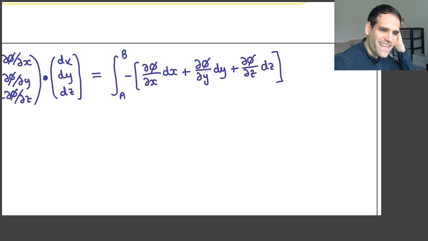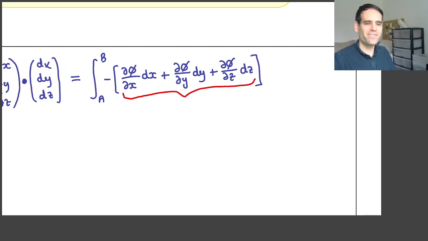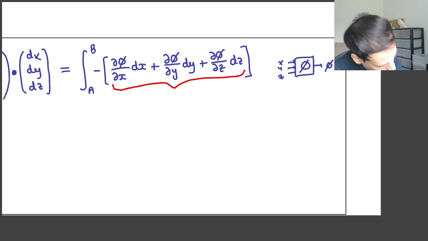And now this is the amazing part of this proof. Does this expression remind you of anything? This expression is something that we call the total differential of a function. You remember that? So if we interpret our potential phi as a function, which has inputs x, y, and z, and the output is the potential.